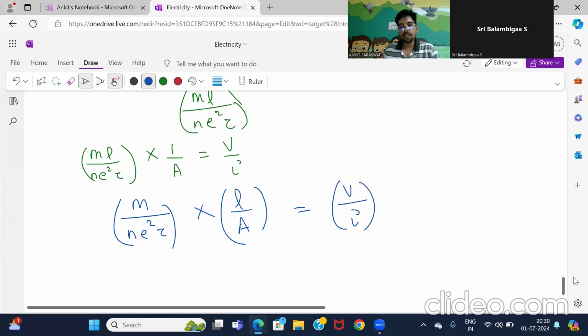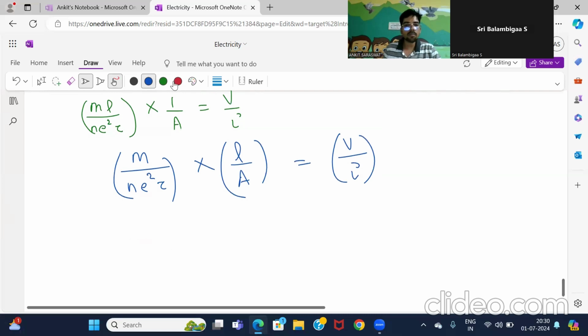What is this V by I? Ohm's law. As per Ohm's law, V by I will be R. What is this whole term? Resistivity, rho.